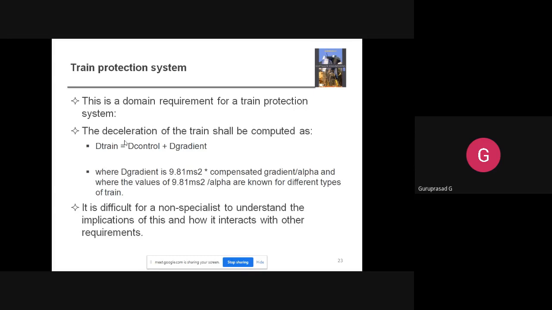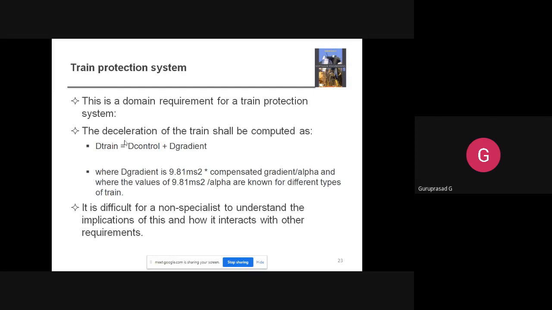It is difficult for a non-specialist to understand the implications of this and how it interacts with other requirements. Only a person with expertise in the train control system will be able to understand this formula.